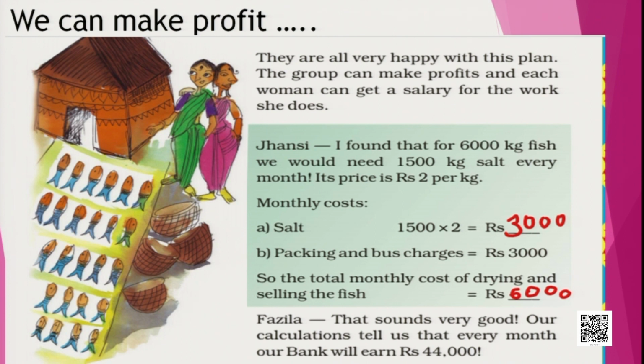So Fazila now calculated. That sounds very good. Our calculation tells us that every month our bank will earn 44,000. How? Now let's see. They were getting 50,000 rupees by selling the 6,000 kg of dried fish.